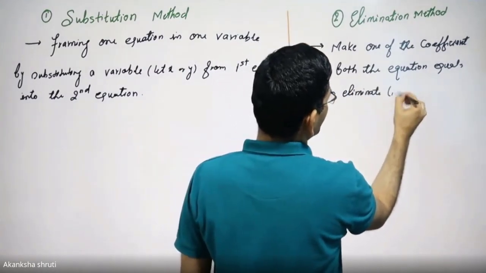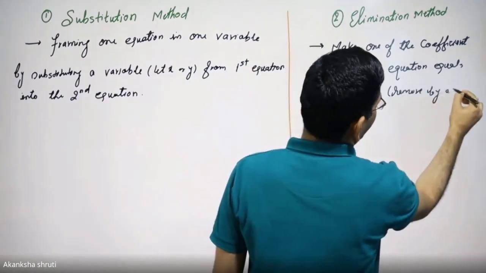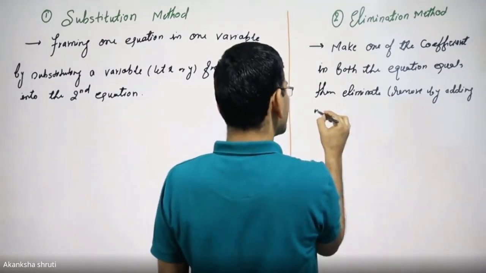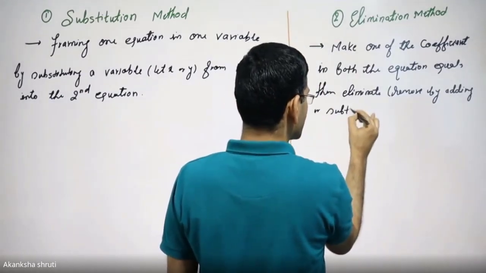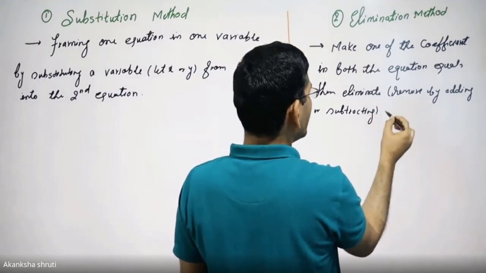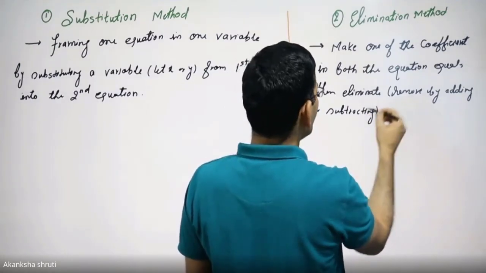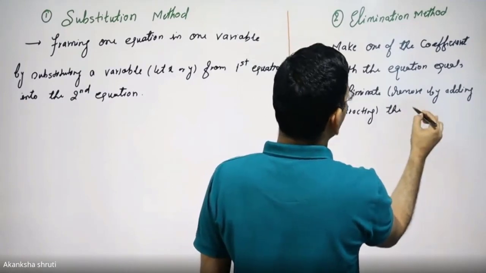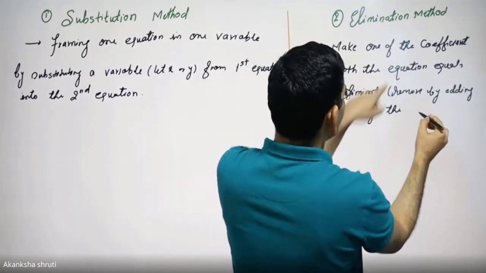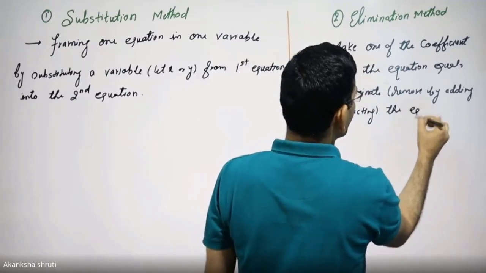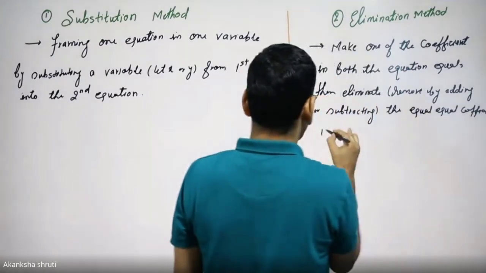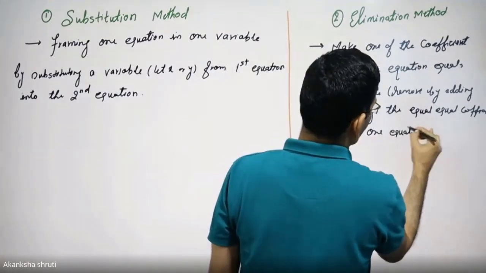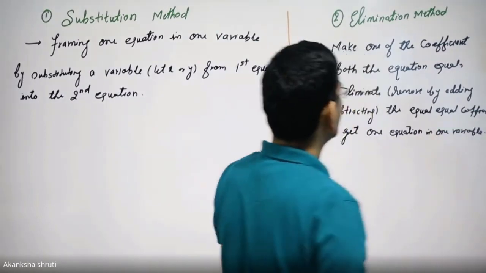Eliminate means you have to remove by adding, like we showed you last time, and subtracting. So eliminate either by adding or subtracting the coefficients which were made equal. The equal coefficients, we get one equation in one variable.